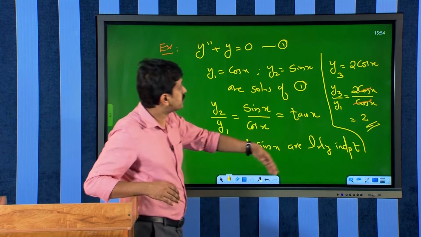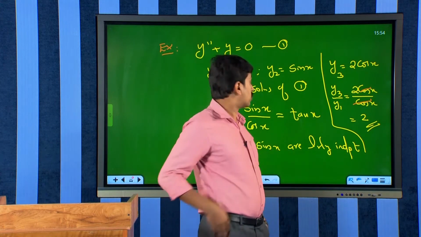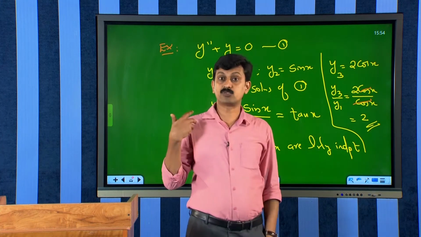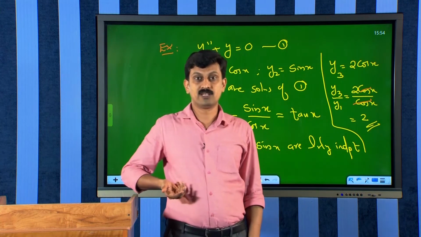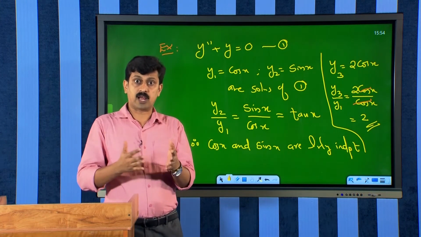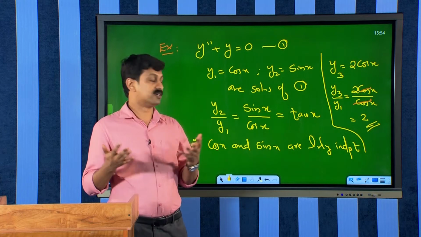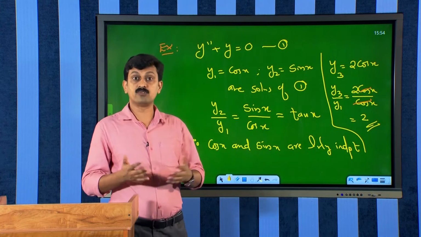As we said here, cos x is a solution, 2 cos x is a solution, 3 cos x is a solution, and so we can have a set of solutions, maybe an infinite number of solutions, that the equation may have.